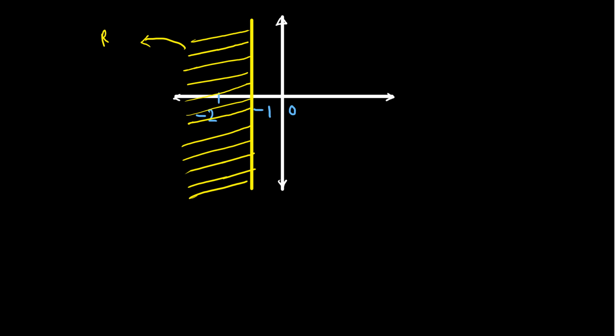So the complete expression for X of s for this new signal is 1 upon s plus 1, but the ROC, the region of convergence, is sigma less than minus 1. That is the complete expression for the Laplace transform.